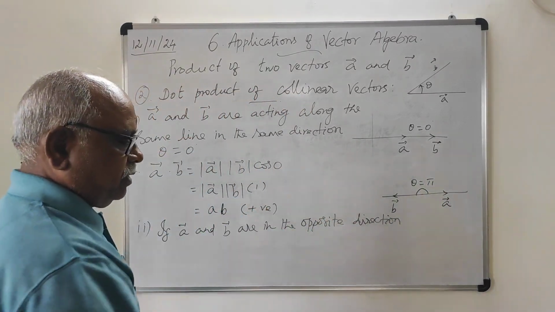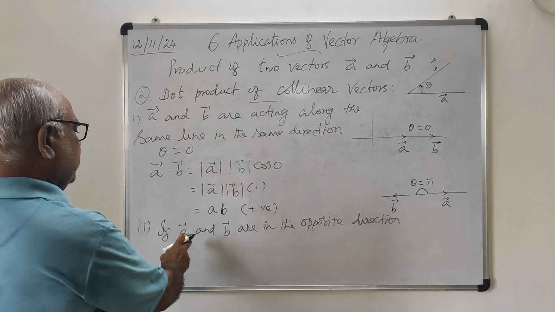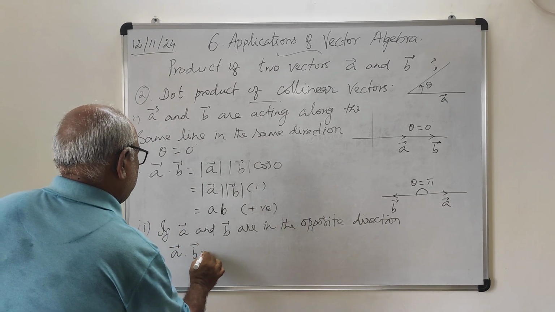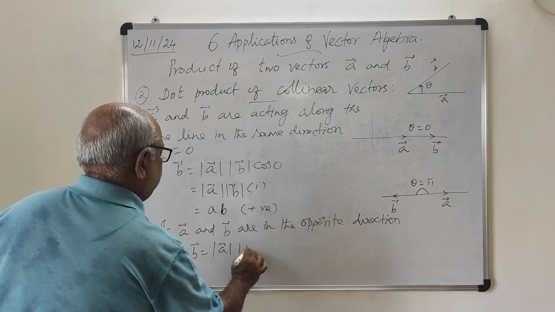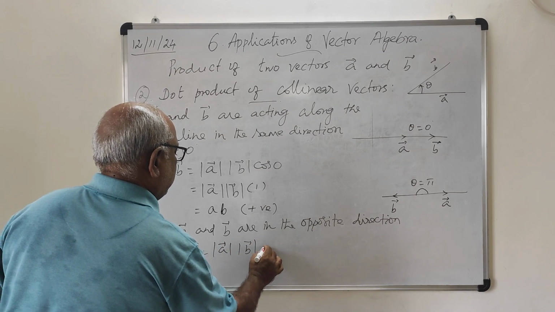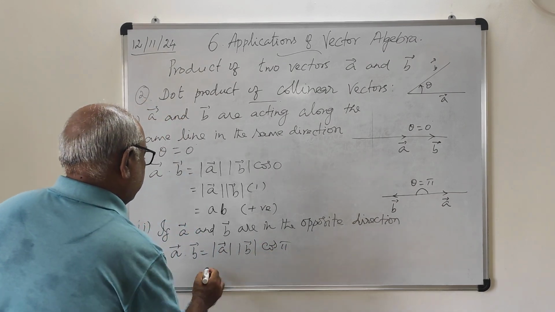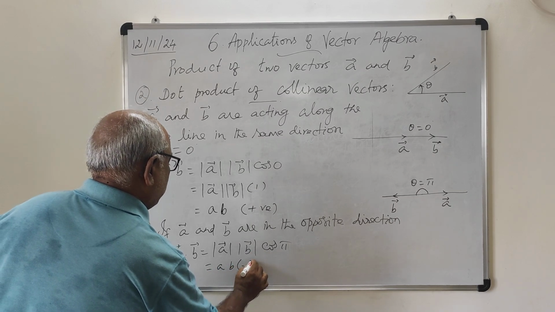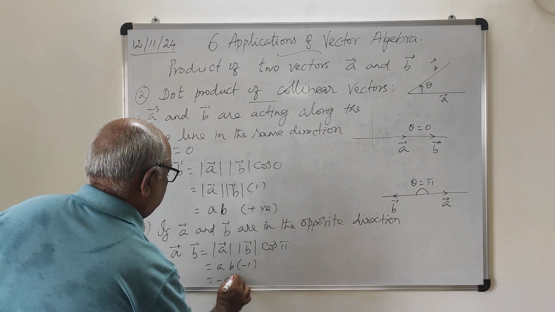In this case also, vectors A and B are collinear. If A and B are in the opposite direction, A dot B equal to mod of A into mod of B into cos pi. Mod of A is A, mod of B is B. You know, cos pi is minus 1, therefore this is minus AB.